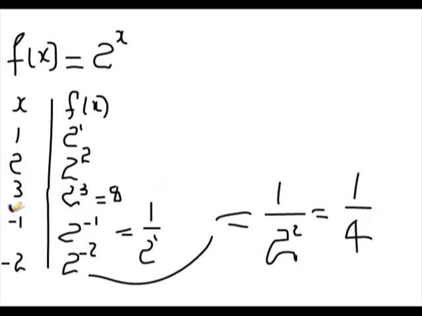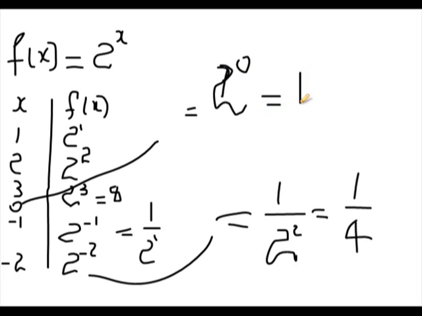Let's say we have x equals 0. What are we going to have for f(0)? We're going to have 2 to the power of 0. Remember, when you were at school, whatever the number to the power of 0, the result is 1. Whatever the number, that's an absolute rule.